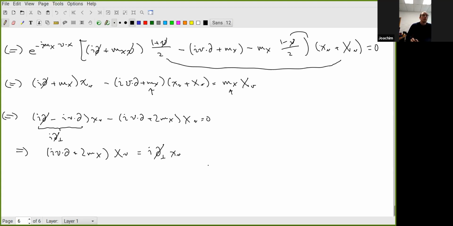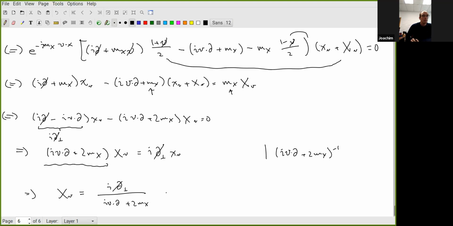Okay, so this is a differential operator acting on this capital Chi field, and now we just multiply this whole equation with the inverse of this differential operator, and then we get capital Chi_v equals i d-slash-perp divided by (i v dot d plus 2 m_chi) chi_v.